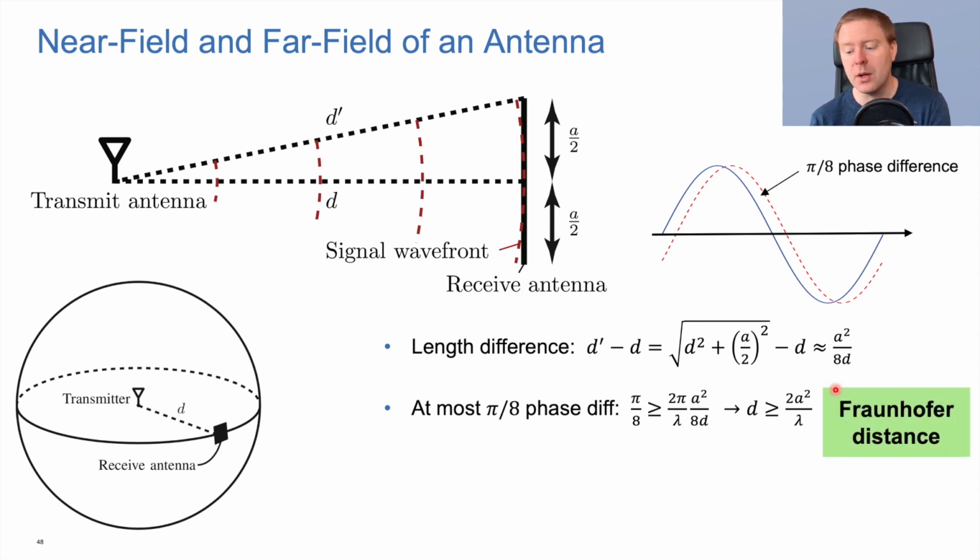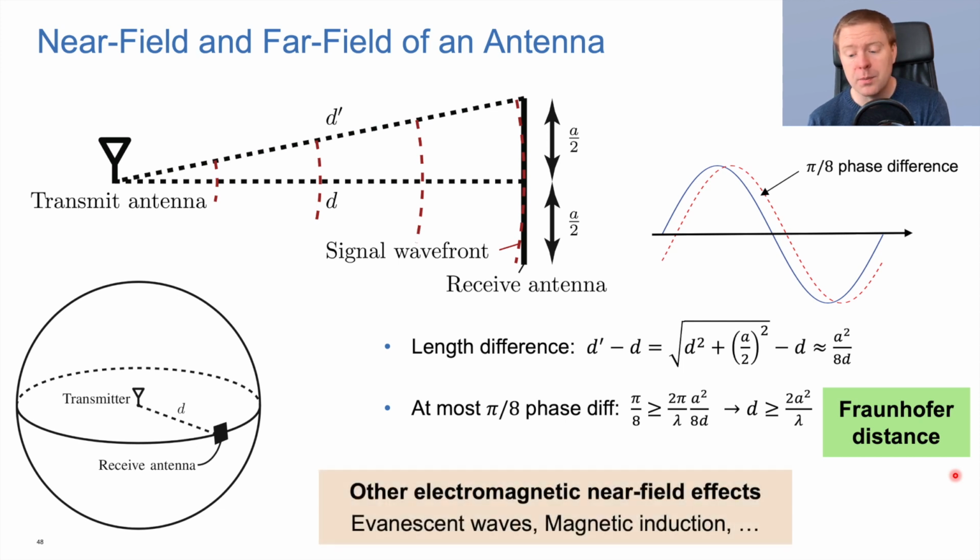This is known as the Fraunhofer distance, and it often characterizes where we have the near field in propagation when it comes to an antenna. So if we are at longer distances than the Fraunhofer distance, we can ignore the spherical wavefronts and the phase differences over the antenna. If we are at shorter distances, then we need to care about those effects.